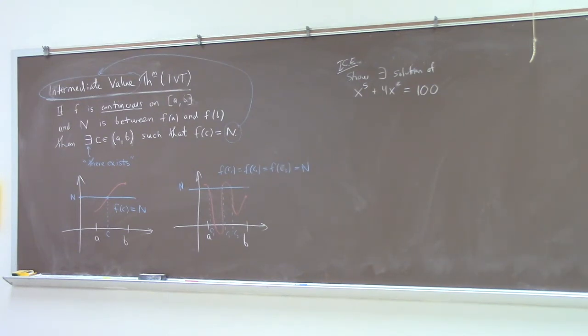Notice that the intermediate value theorem does not tell us how to find C. It just says that it's out there. This question doesn't say find the solution. It says show it exists. So the intermediate value theorem is the tool to go with.